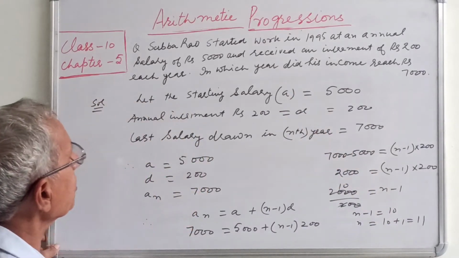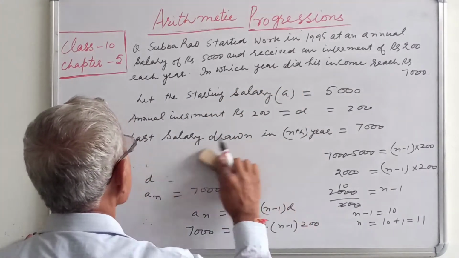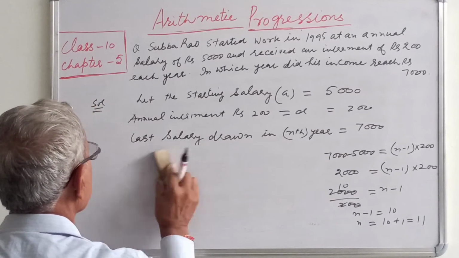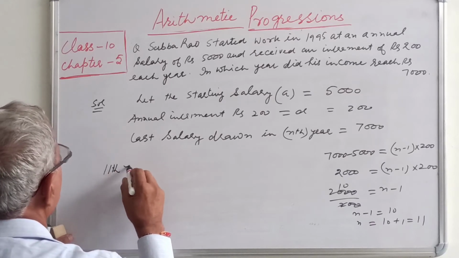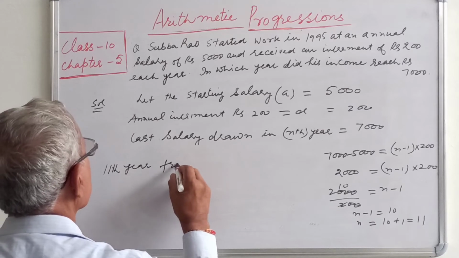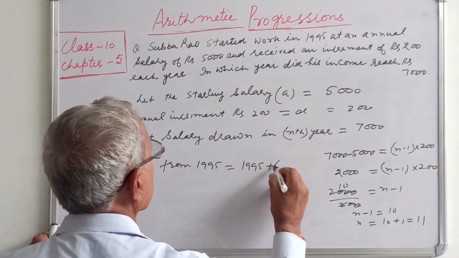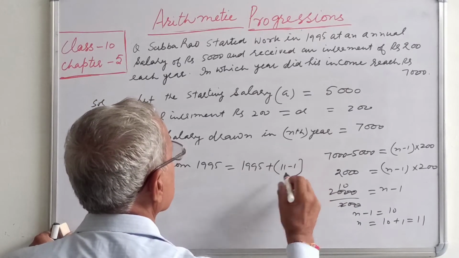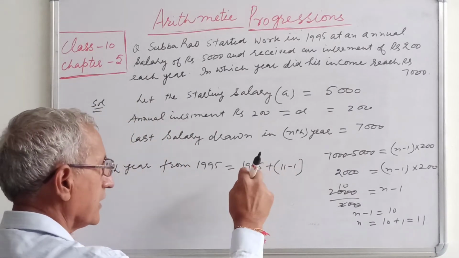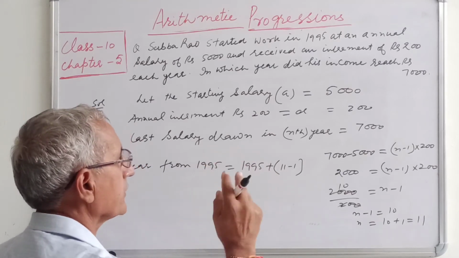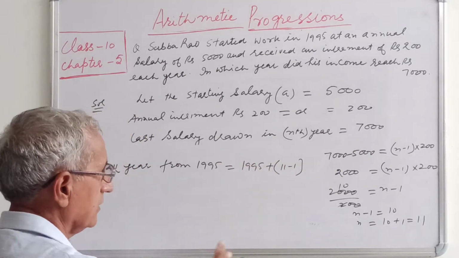Means if we include the starting year 1995, so the 11th year from 1995 will be 1995 plus 11 minus 1, because 1995 is an included year for the 11th year.